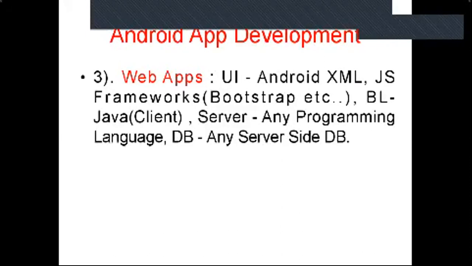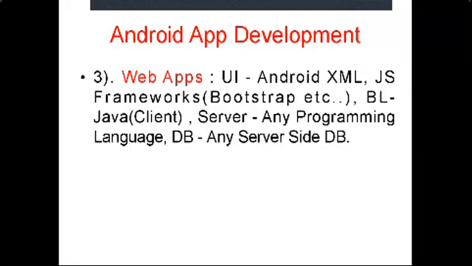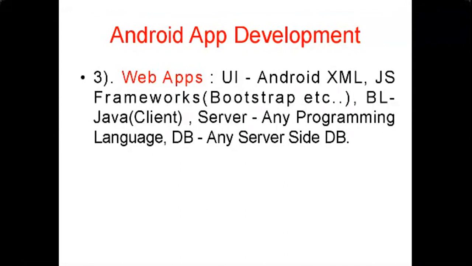So web apps is the third thing. Here again, you have UI again as Android XML. Sometimes the UI also will be in the form of Java, like Bootstrap. What does Bootstrap mean?